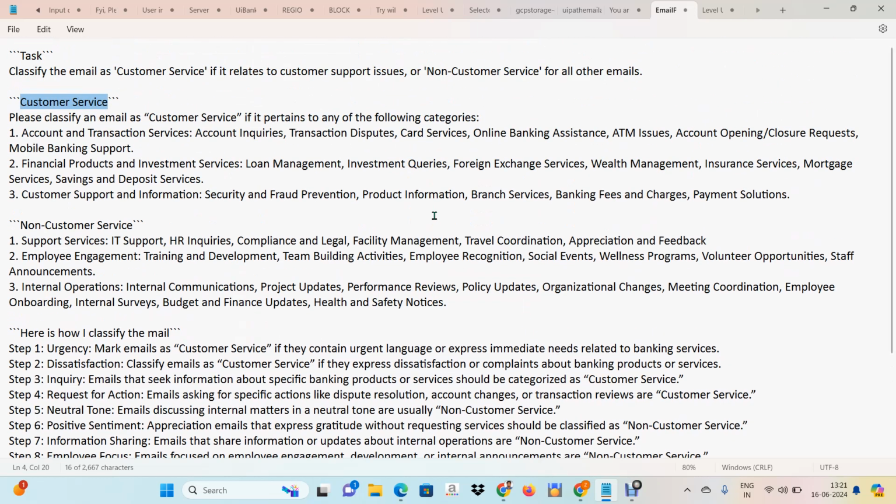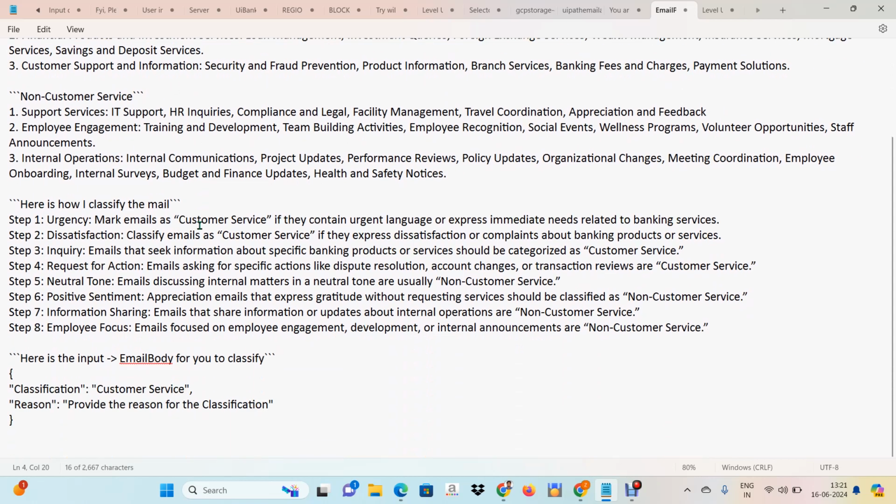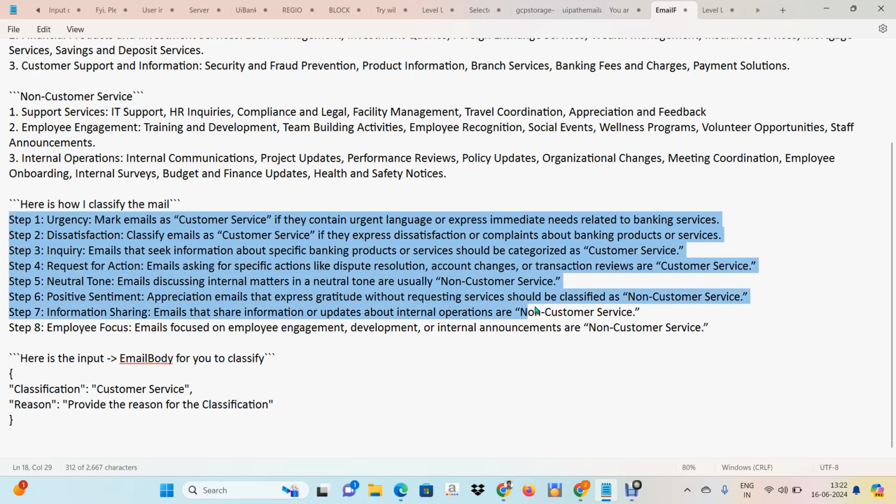Basically you have to instruct what it has to do and what categories should go inside this particular category and the other category. This we would call chain of thoughts. So that is how a human would classify the mail, so that the model will act on its own by having this chain of thoughts as a reference.